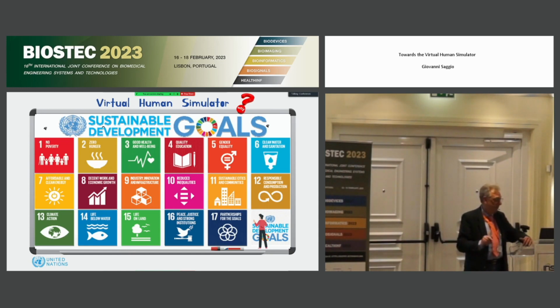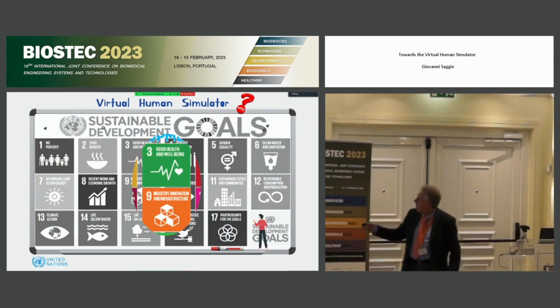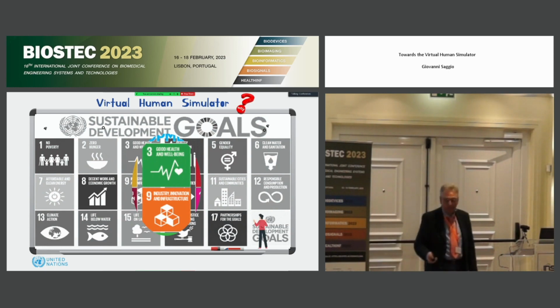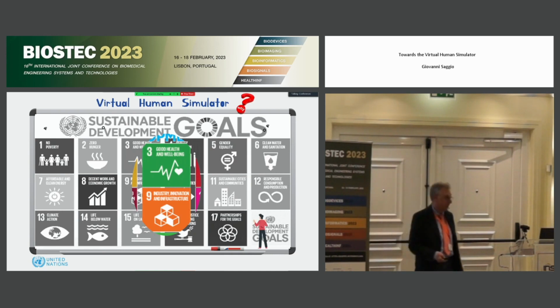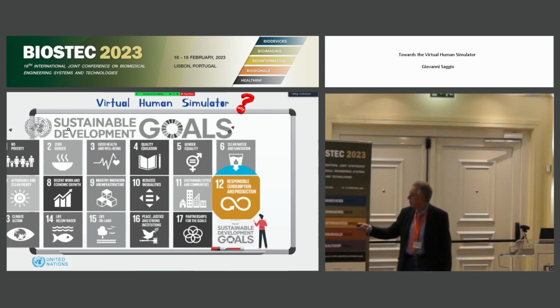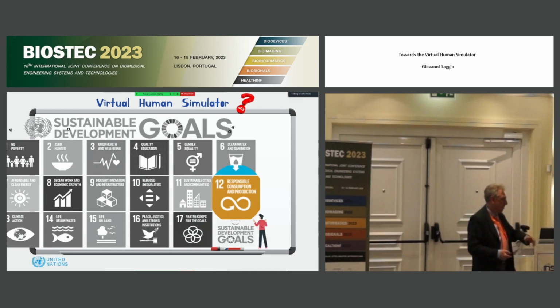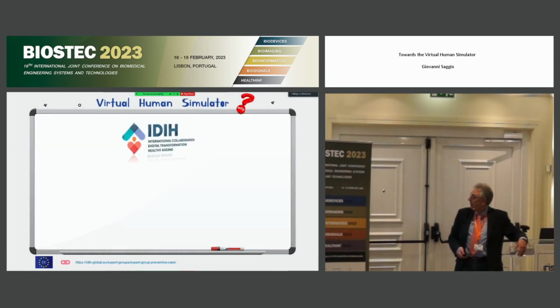By means of the virtual human simulator, we can reach goal number 3, good health and well-being of each of us. Number 9, industry, innovation and infrastructure. And number 12, responsible consumption and production. So these are 3 of the 17 goals of the United Nations, and I think we can go in that direction by means of digital twins.